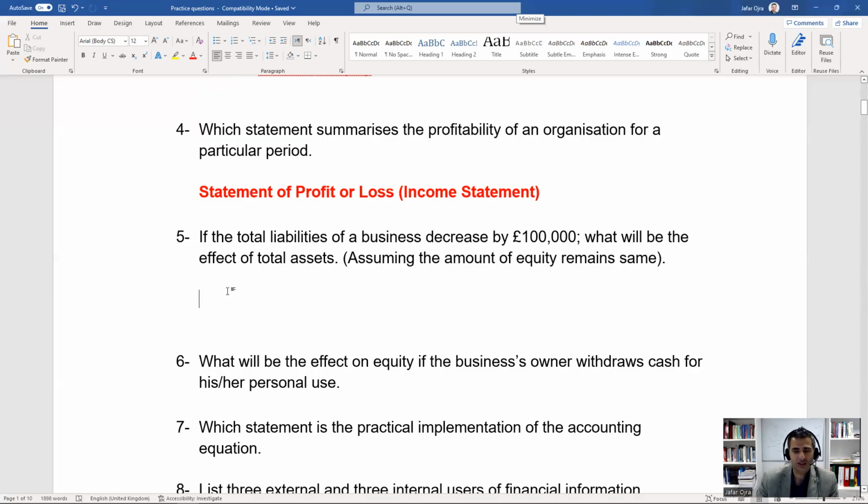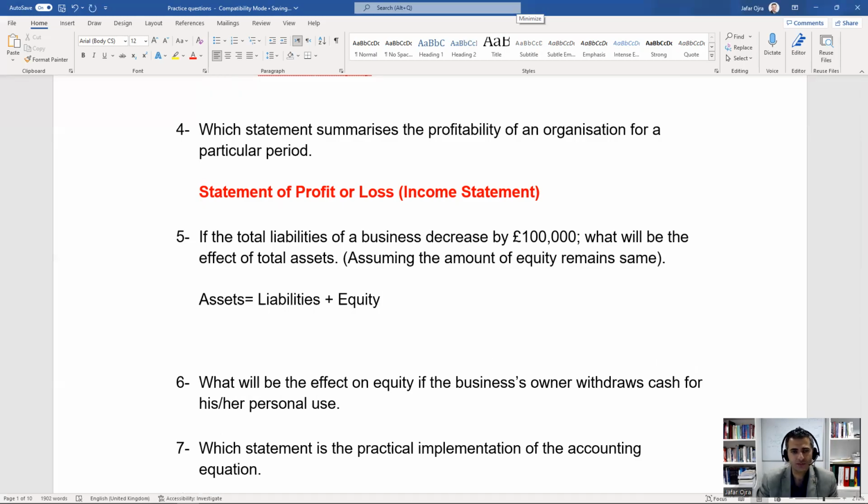If you want to apply the accounting equation, which is assets equal liabilities plus equity, the question tells you, let's assume that assets are £500,000.